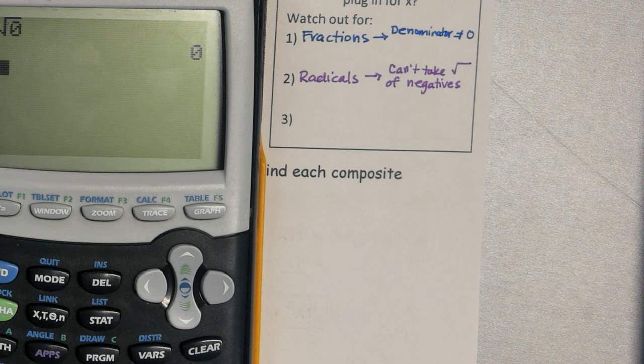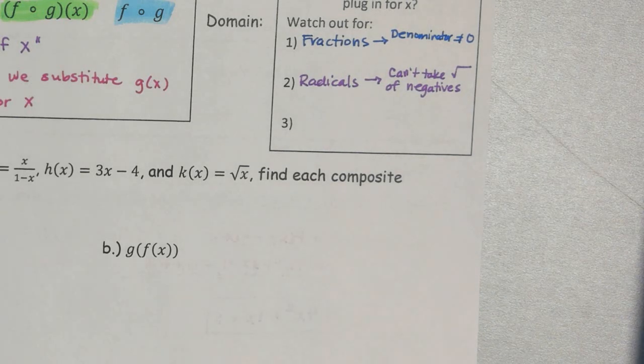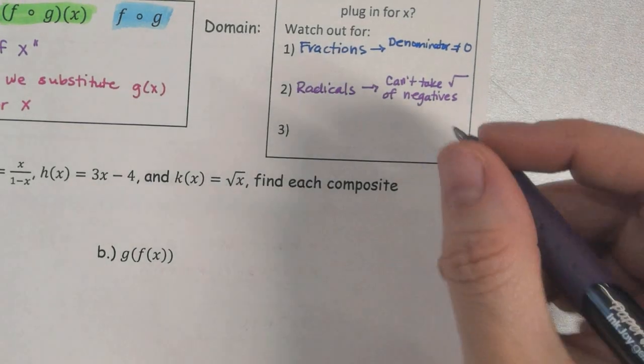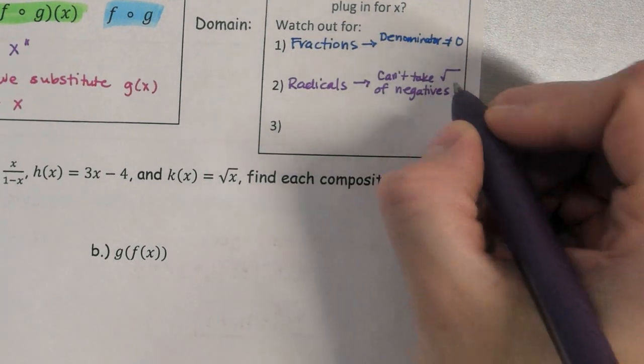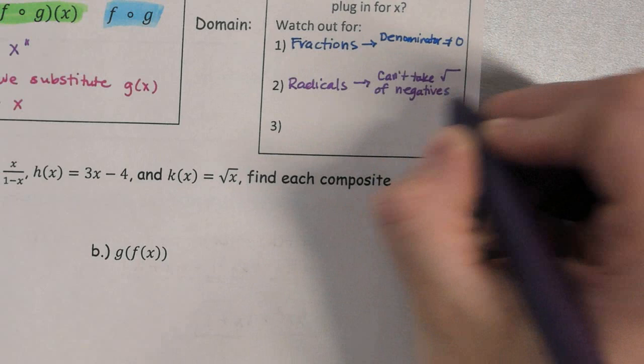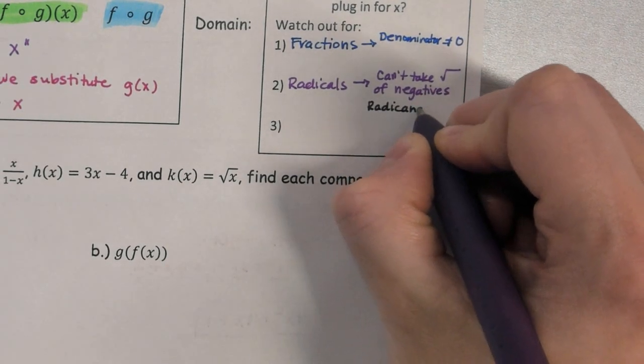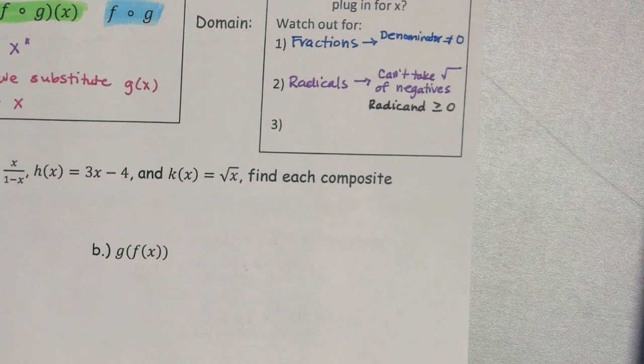Yep. So it includes 0. So it can be 0. That's fine. The way that we'd write this using mathematical symbols is we would say that whatever's underneath the radical, which is called the radicand, has to be greater than or equal to 0.